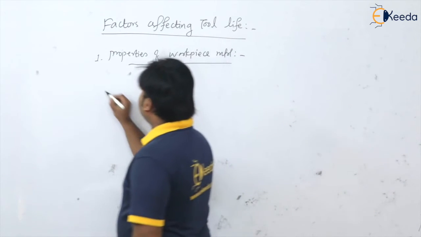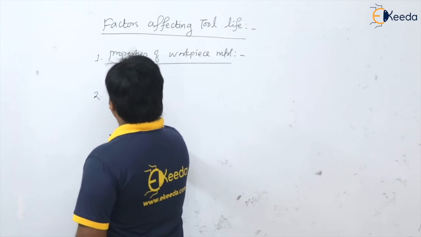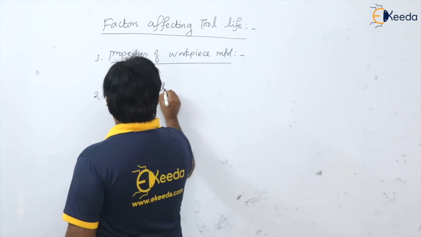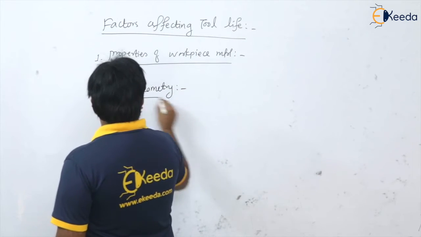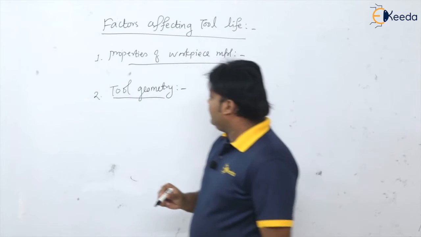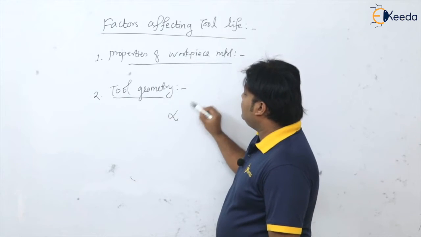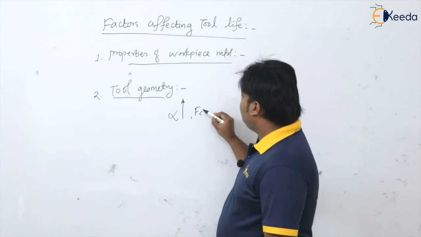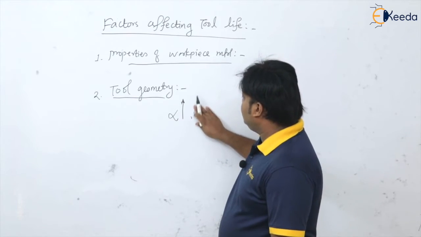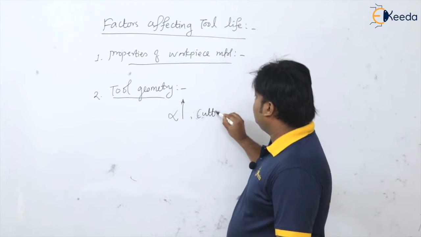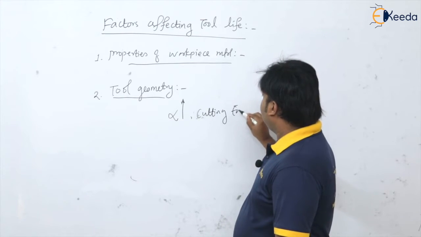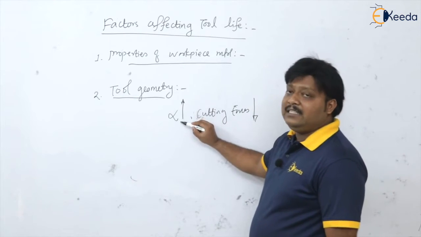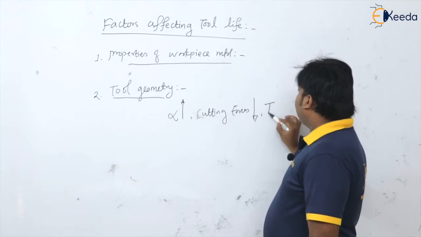Second parameter that we have is the tool geometry. See, we have also learned that when we have the rake angles, the back rake angles, where this angle goes on increasing, the cutting forces are going to come down. So what is going to happen when the rake angle increases? We have also seen that the wear length increases.